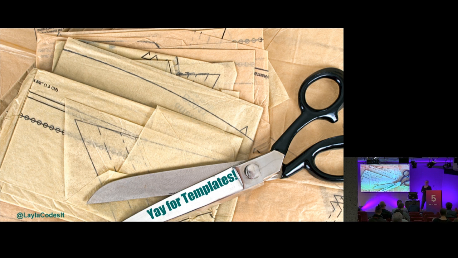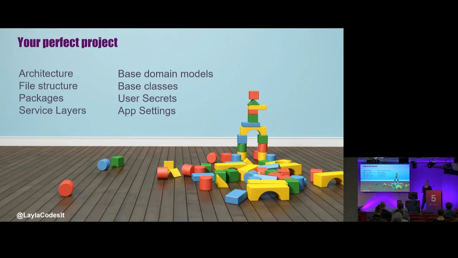So when you come to a template, you want to think about your perfect project. And I mean that as you as an individual or your team. That might be your architecture, your file structure, all these things here. You may have base domain models that you could see in my video there. I always want to have the Twilio account details injected via user secrets.